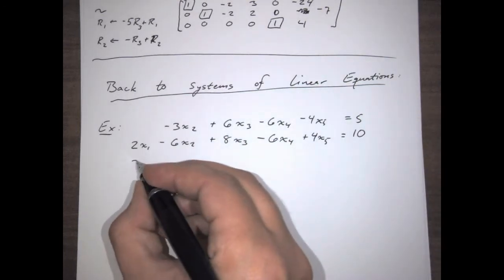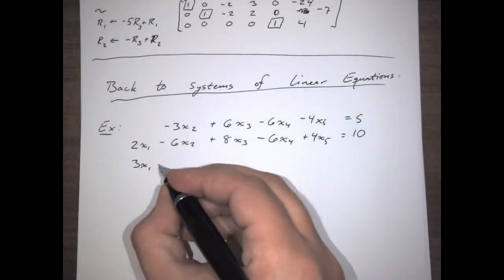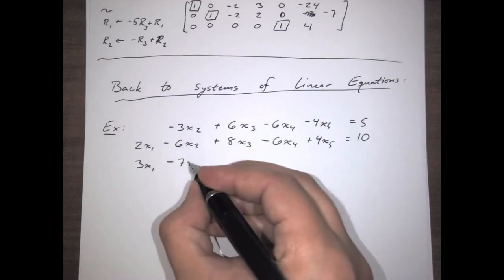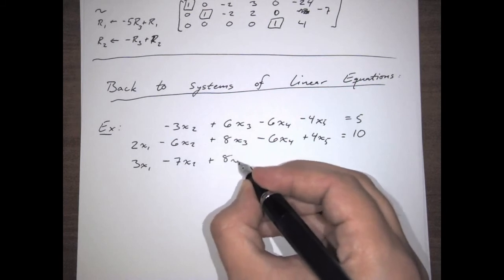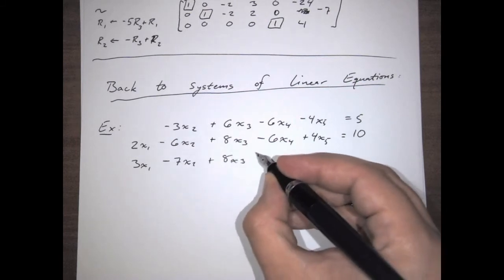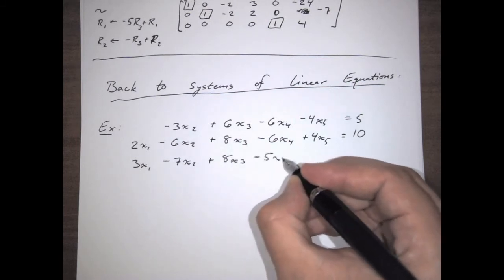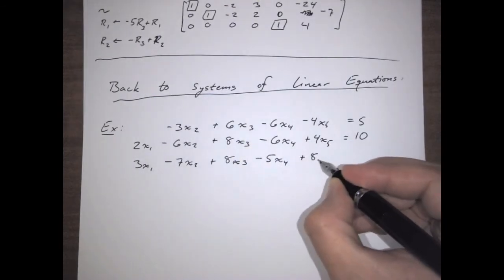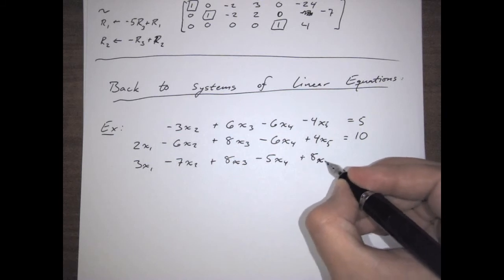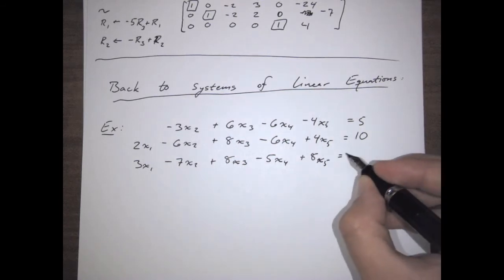And then the last one, 3x1 minus 7x2 plus 8x3 minus 5x4 plus 8x5 is equal to 9.